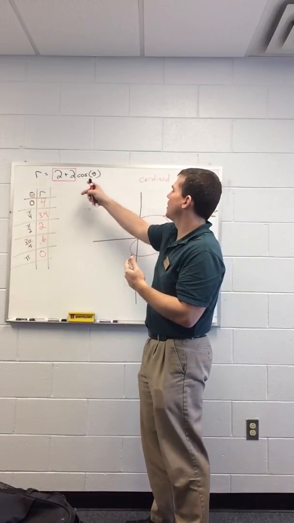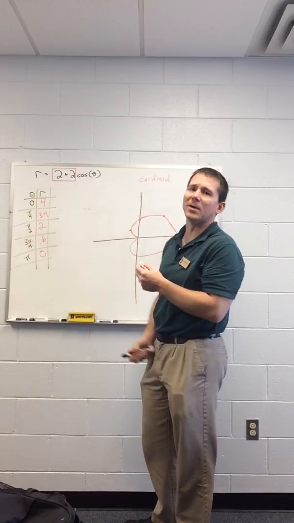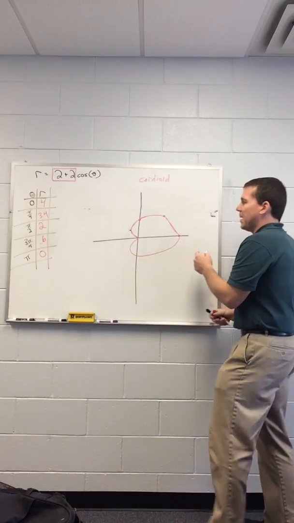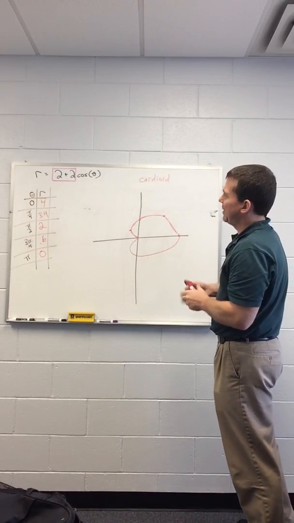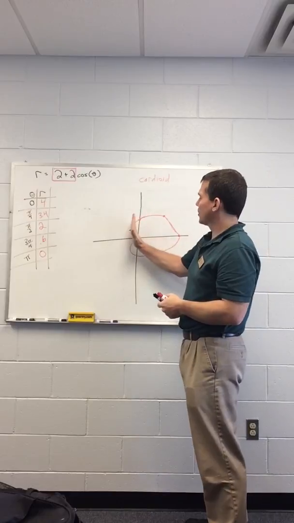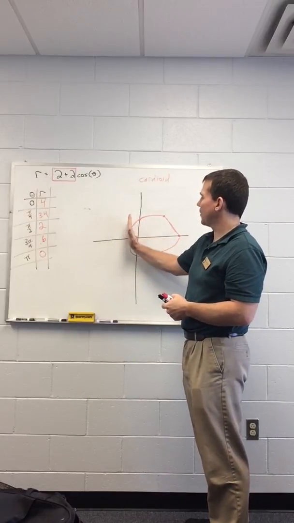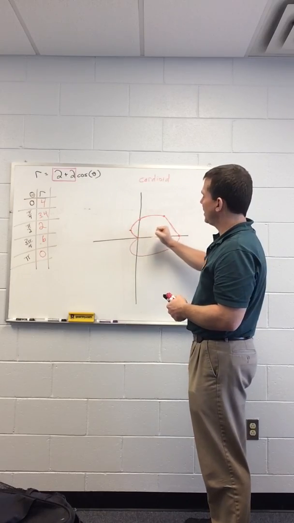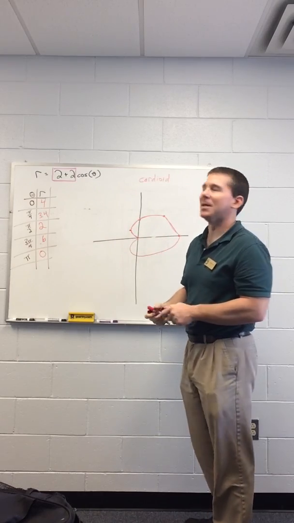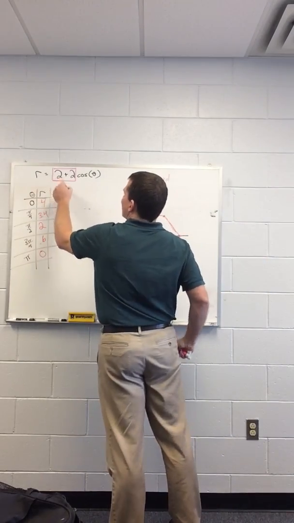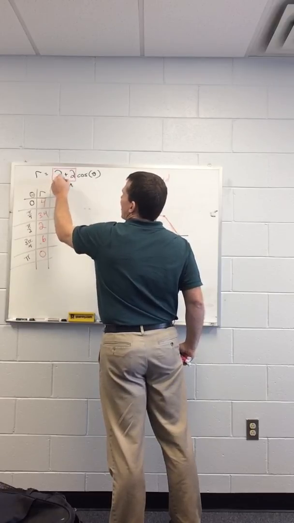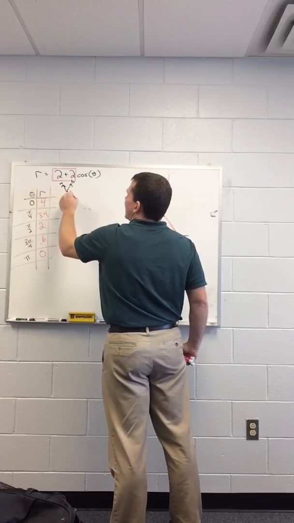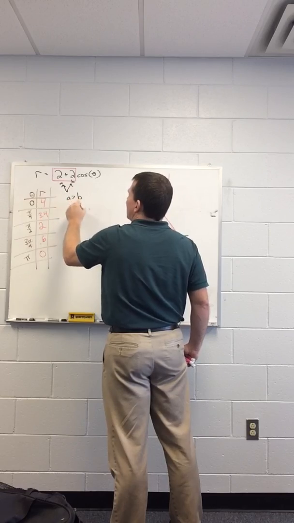Because there'll be a point when your radius becomes 0, which will give me this point. But you can, based off of those values, also push that point further out this way and kind of flatten out this part of the circle, or you can keep pulling it even further inwards. Essentially, if we call it A and that's B, A can be greater than B or A can be less than B.